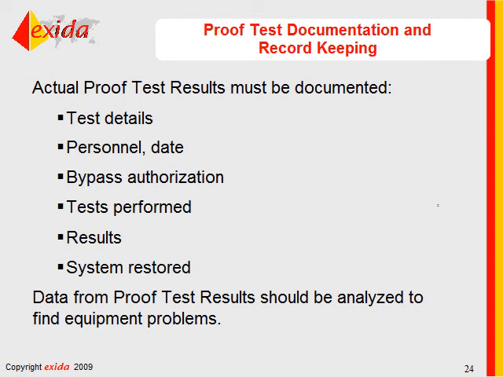And once the main fuel valve demonstrated it was doing what it was supposed to do, main fuel valve was opened up again, bypass valve was closed, and the system was restored to normal operation. So that's where the bypass authorization comes into play.